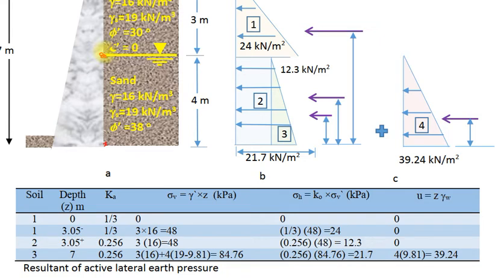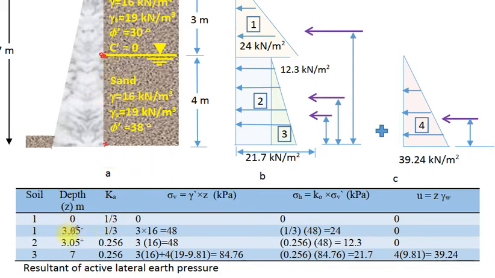The first point belongs to the first layer and the second point belongs to the second layer. Here 3.05 belongs to the second layer.